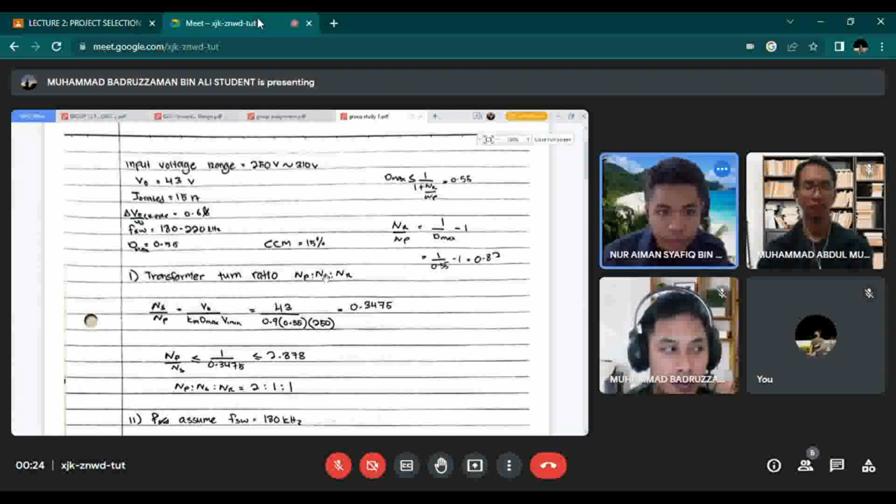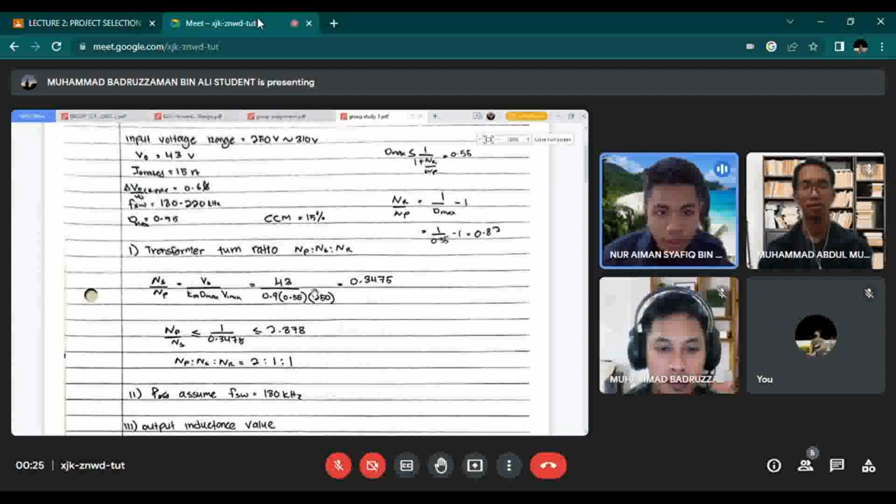And because the windings are inverted, we invert NP over NS, which is 1 over 0.3475, and we get the answer 2.878. Therefore, the transformer ratio is 2:1:1.